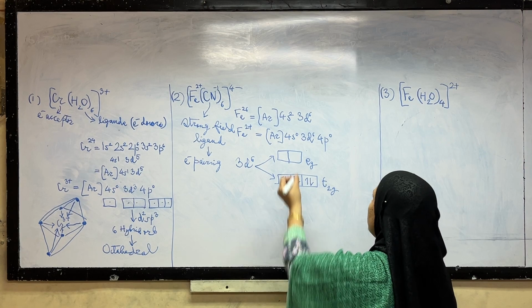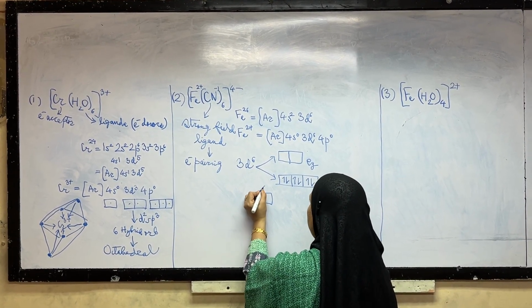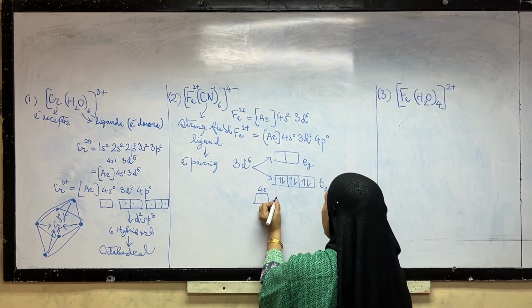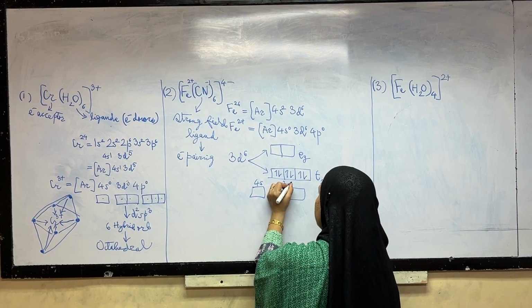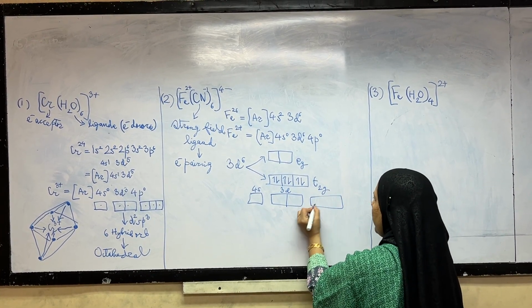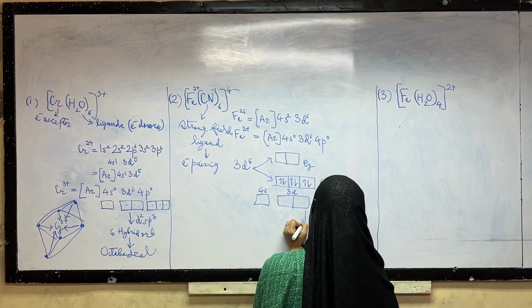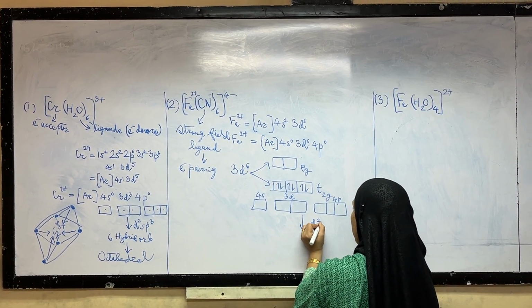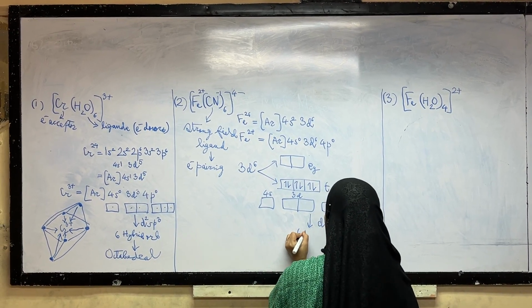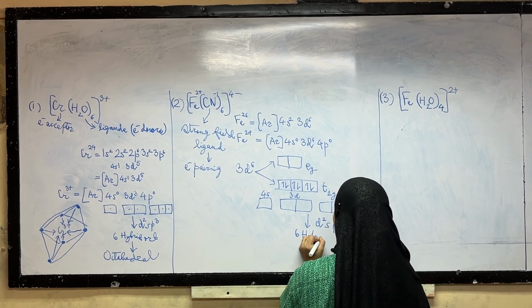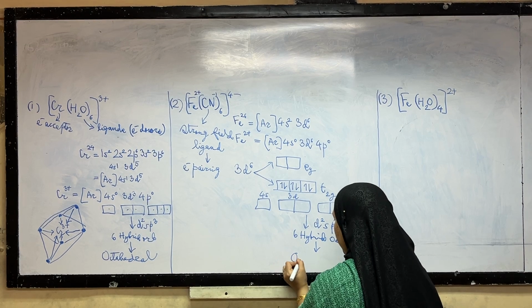So that means 2 d orbitals will be vacant. So we have one 4s orbital vacant, then we have 2 3d orbitals vacant, and we have 3 4p orbitals vacant. So once again we have d2sp3 hybridization, and we have 6 hybrid orbitals and an octahedral geometry.